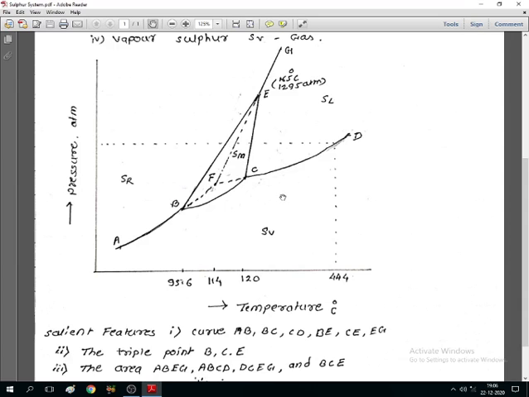Therefore, if we calculate F is equal to C minus P plus 2, it is found to be equal to 0. Therefore, the system at the point C is a non-variant system or the invariant system. Now, it is a melting point of a monoclinic sulfur and its temperature is 120 degree Celsius. its temperature काय 120 degree Celsius हे त्याचं temperature आहे, right.